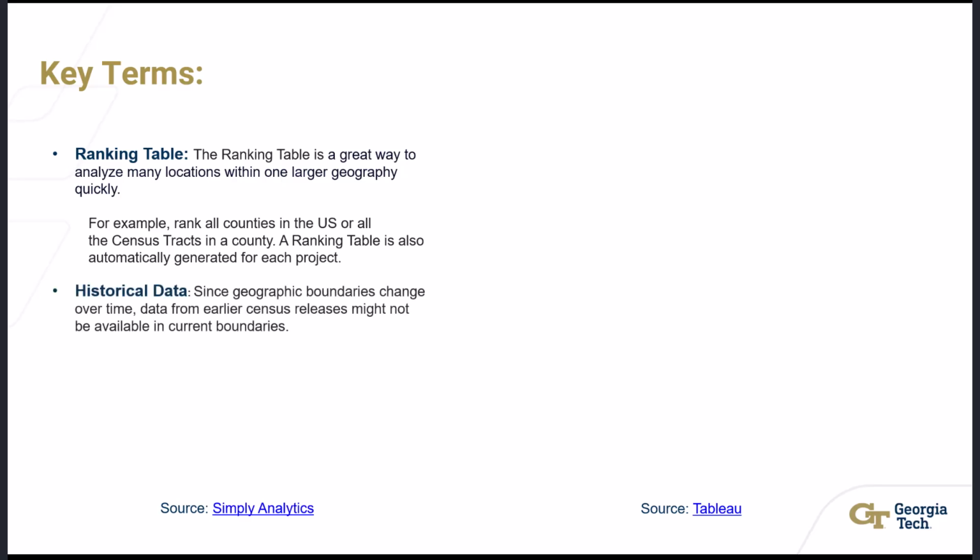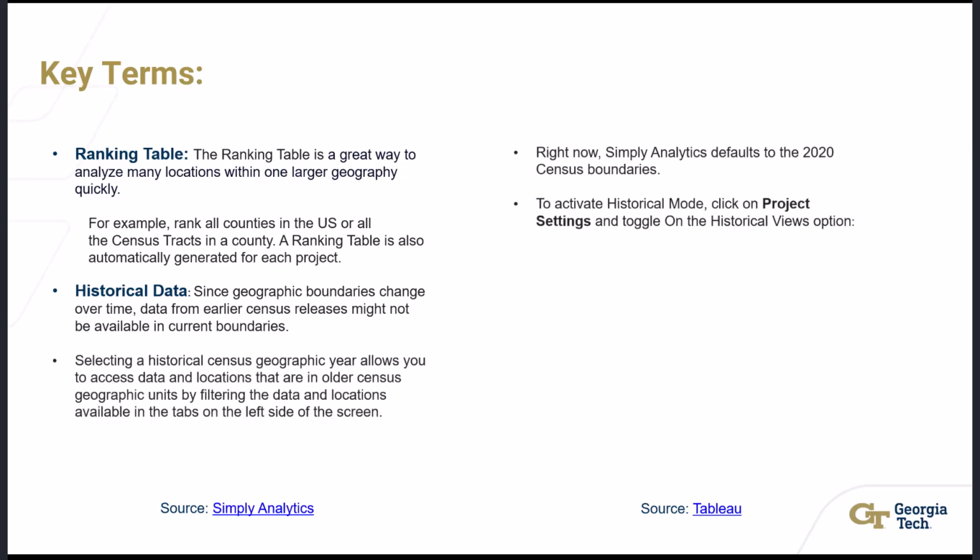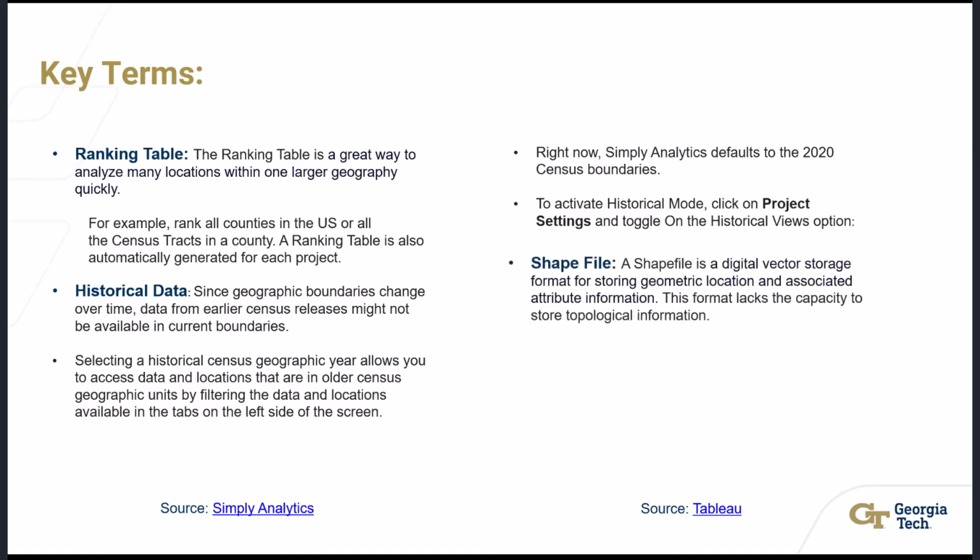Historical data. Simply Analytics defaults to the 2020 United States Census boundaries, but you can select the data and Location tabs on the left side of the screen to view older or historical census years. Shapefile. A shapefile is a digital vector storage format for geometric location and associated attribute information.